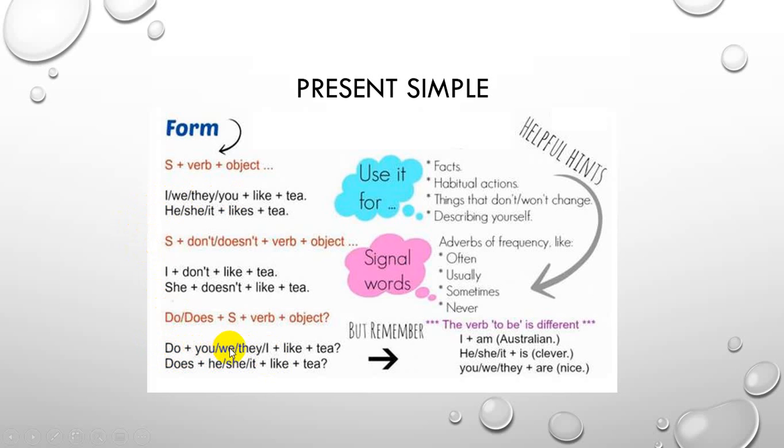Do we, for example, do we like tea? But if you want to use does, it's only for the third person. The verb is the same, always the base form in singular, and the complement. And what more?